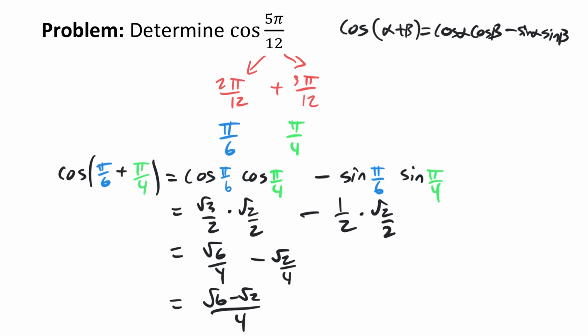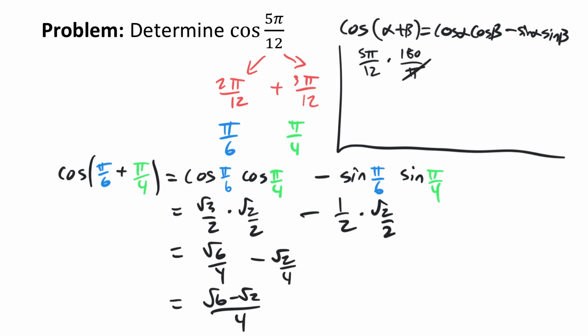Now, just one thing to keep in mind on this question. If you had a difficult time splitting up the 5 pi over 12 into two unit circle values, you could do this question in degrees. I mean, I like to do things in radians, but if you were just totally struggling and you couldn't come up with two unit circle values, you could take the 5 pi over 12. Remember, we can multiply by 180 and divide by pi to convert it into degrees. So this will be 5 times 180 over 12.